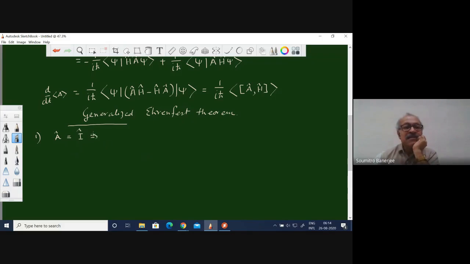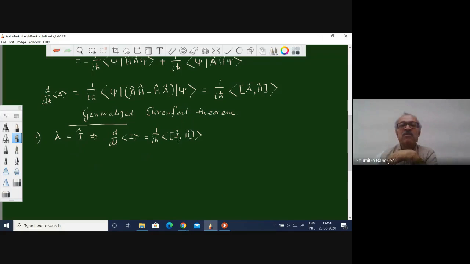It tells us that the d/dt of the expectation value of I is 1 by i h cross, the expectation value of the commutator I comma H. Obviously, I commutes with anything.